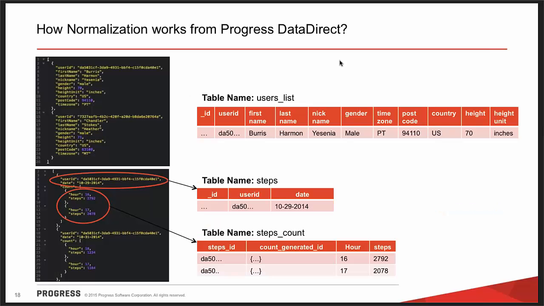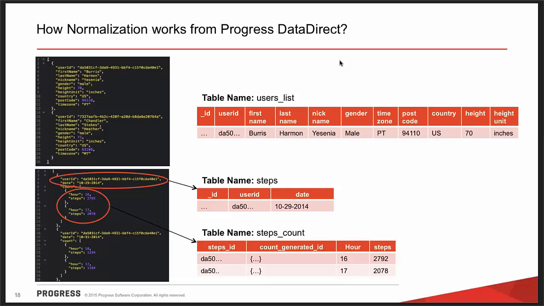All right, when we talk about normalization, what does that mean? So this is what it looks like with our driver in particular. You have a JSON document on the left, and you can see that you've got a user list at the top, and then below it looks like Fitbit data. When we take this data in MongoDB, we normalize this document to multiple tables.